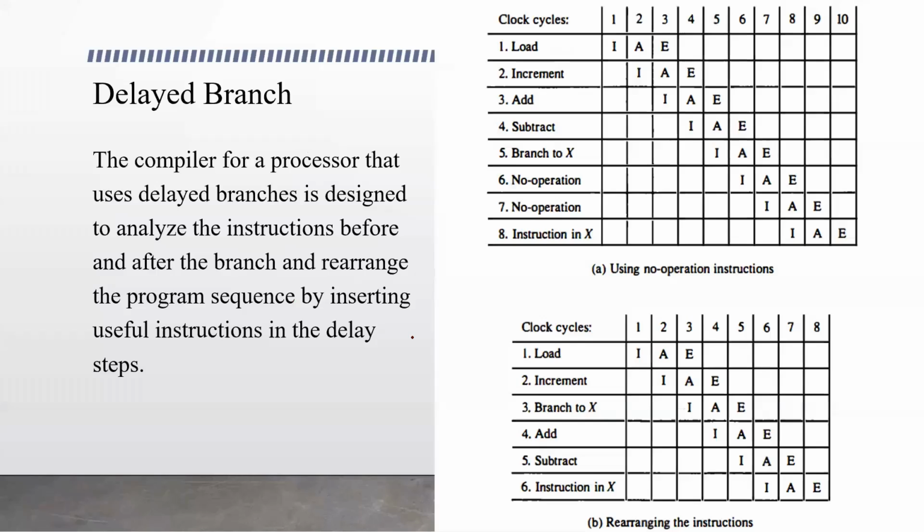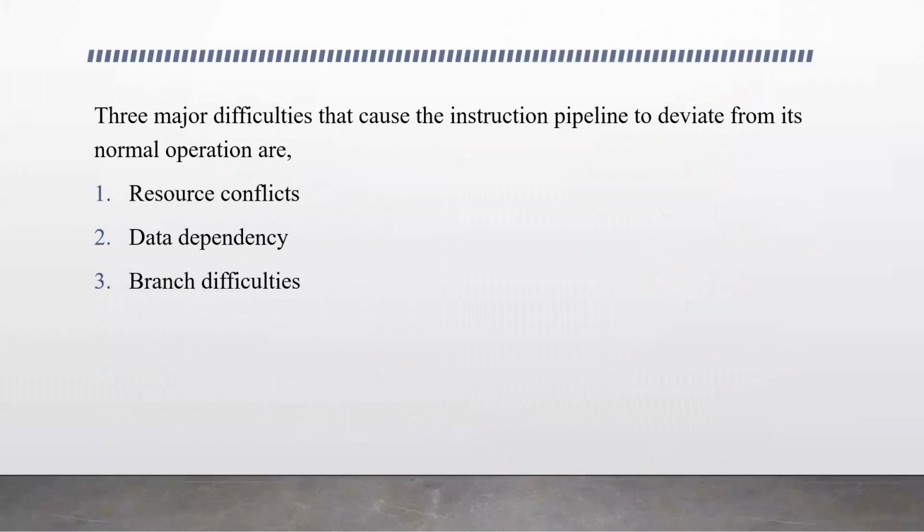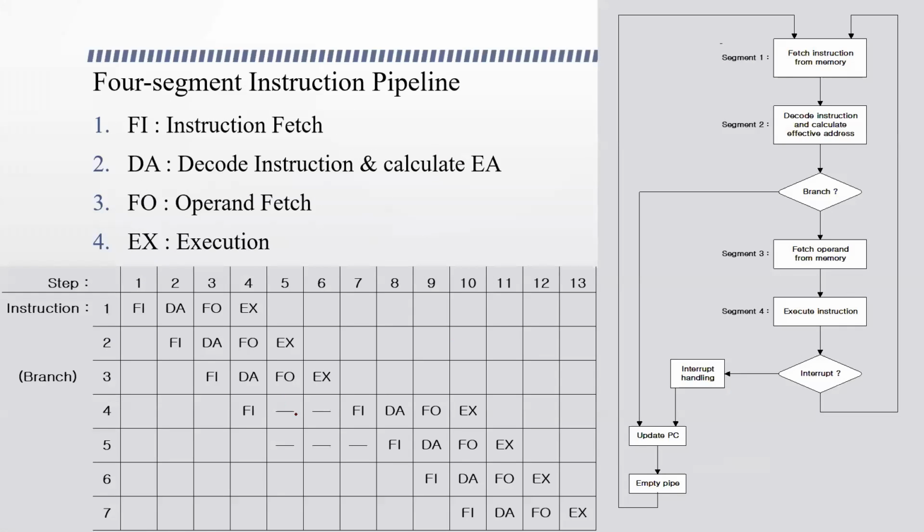Now, regarding branch instructions, we have discussed in the earlier class, and we have seen in this space-time diagram that the third instruction is a branch instruction. During the decode phase of this instruction, it will be known to the computer that it is a branch instruction. The execution of the next instruction will not be carried out.